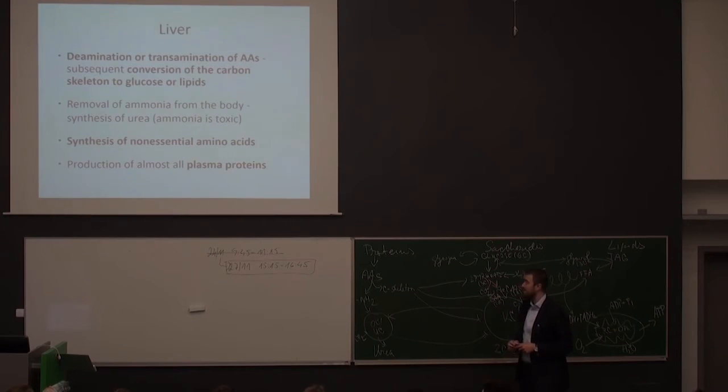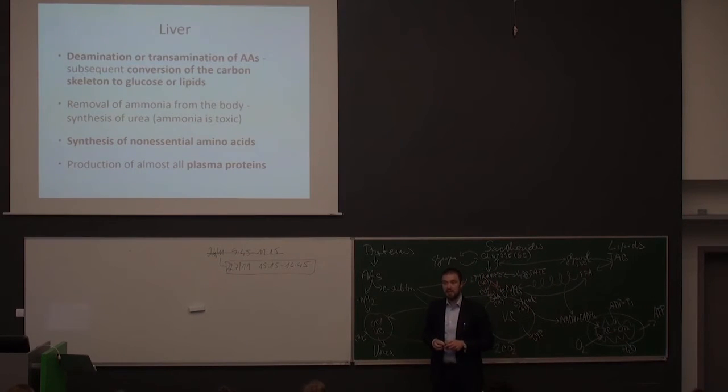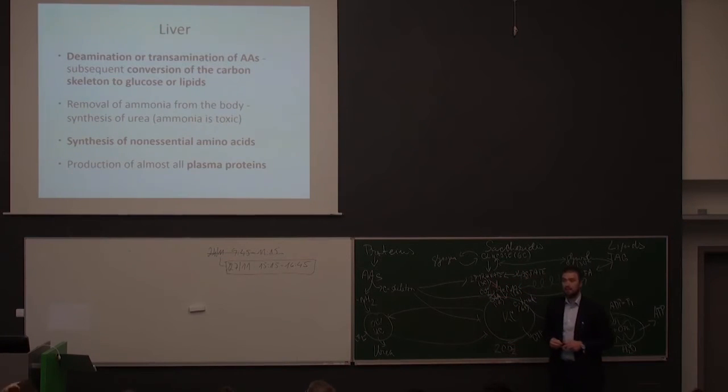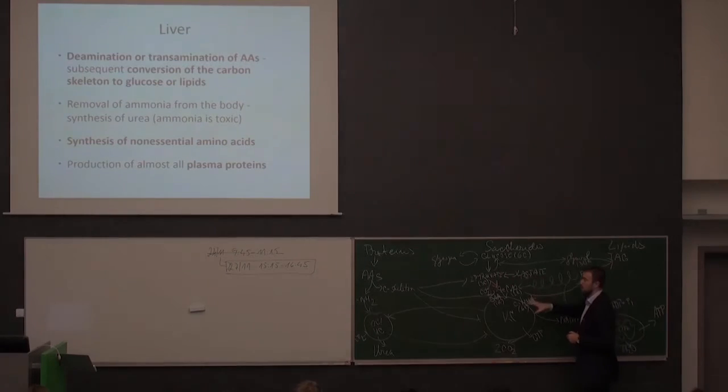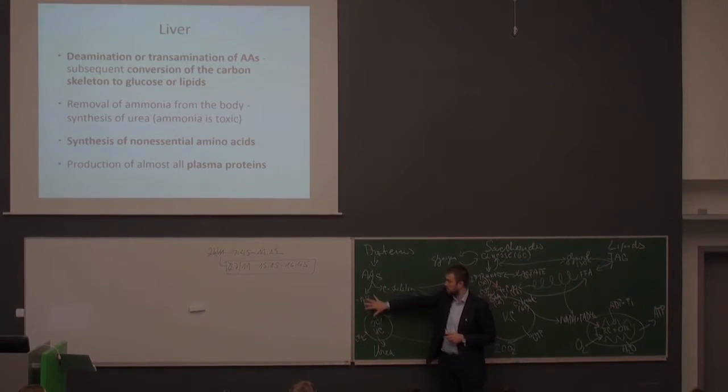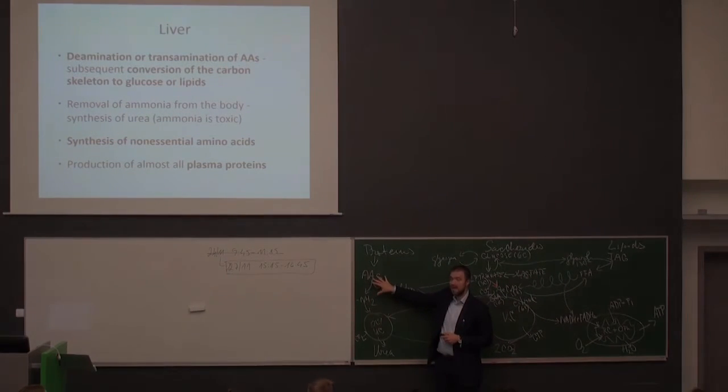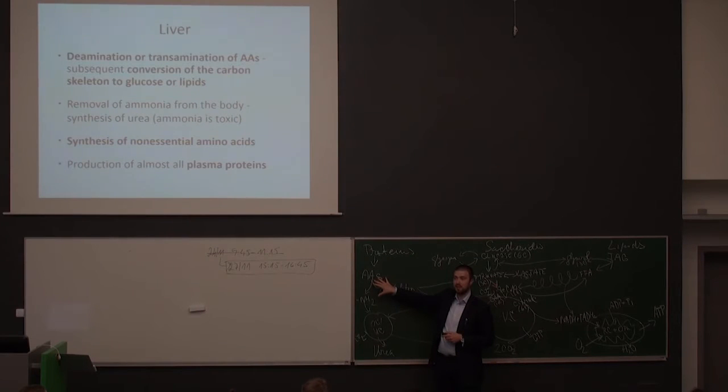Here, you have something about the amino acids. I told you that ALT, alanine aminotransferase, we call a liver enzyme, and that is assessed for screening whether you have damage of the liver. We can say that the whole process of transamination, deamination, that means the process of degradation of amino acids, is to a big extent located inside the liver.